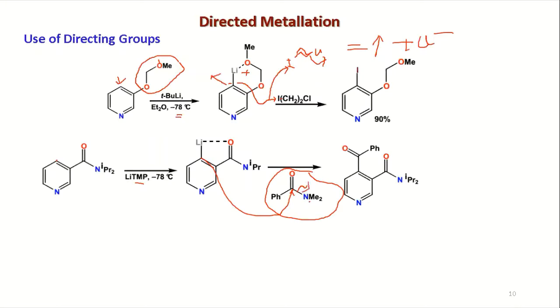I am giving different electrophiles. In one case I have given PhCN, a nitrile, to install the carbonyl. Here I have given PhCHO. This is just to make you familiar with what things you can utilize. So you are giving the amide. A similar situation will occur if you have the ester. So you can do different group substitution.